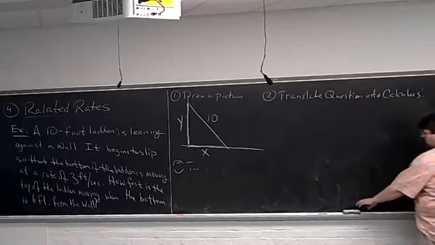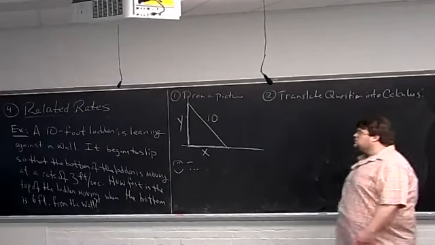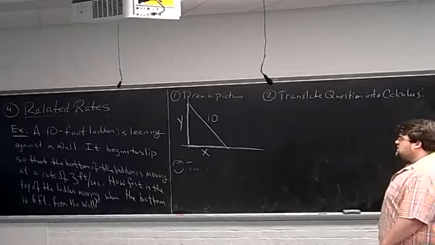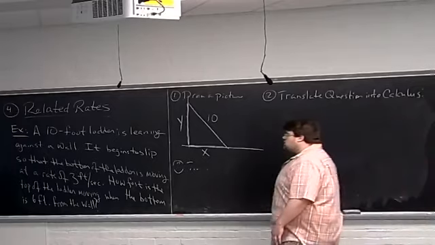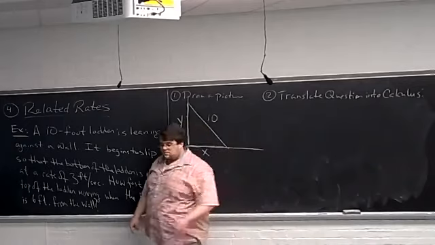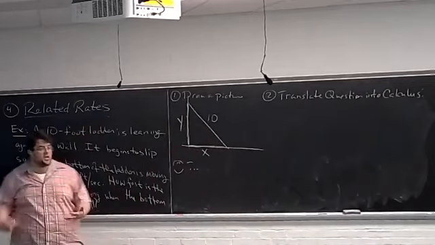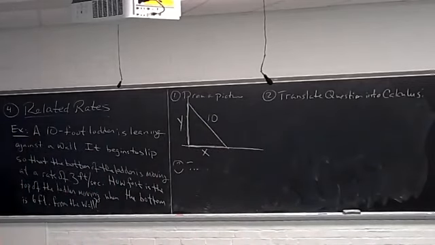What does that look like here? How do we translate it into calculus? Well, we use our picture. How fast is the top of the ladder moving when the bottom is 6 feet from the wall? So how fast the top of the ladder is moving is a rate of change. The top of the ladder is moving at a rate of a change in y given a change in time.